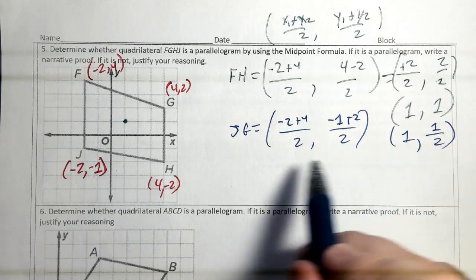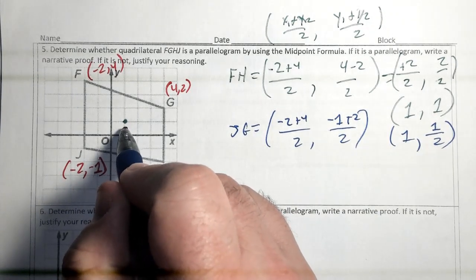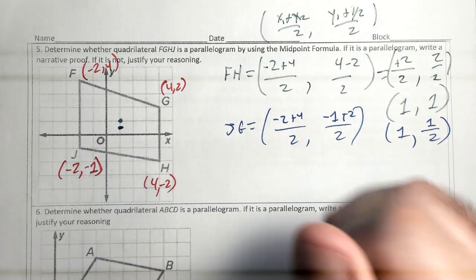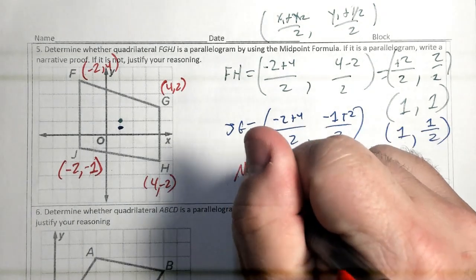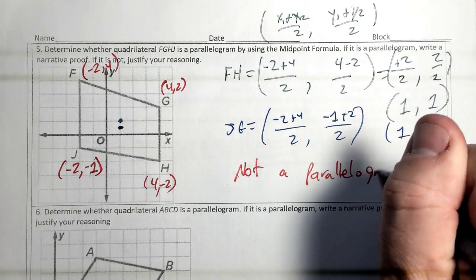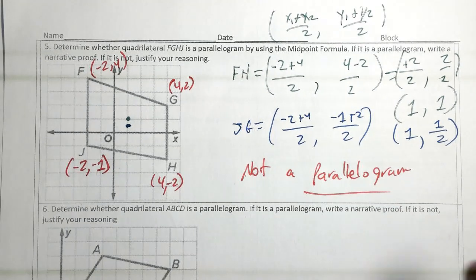So the point for JG is 1 and then a half. So not a parallelogram, because our midpoints don't match up.